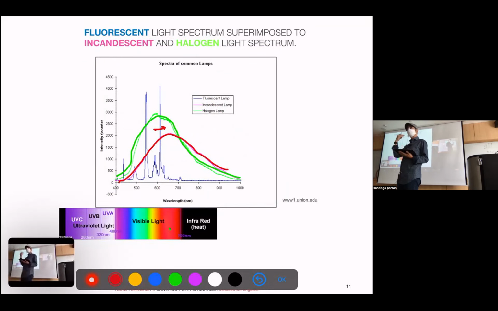And if you work long hours under incandescent or halogen light, your eyes will be less fatigued, less tired than working with a fluorescent or LED or other kind of lights. That's something which we didn't solve. Other thing to note, if you see the spectrum, there's a lot of that spectrum we cannot see really.